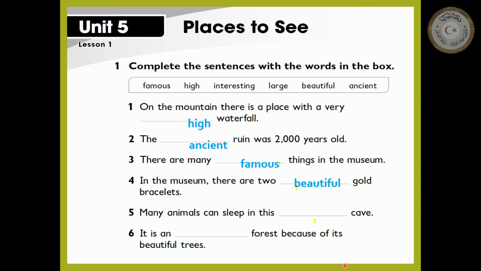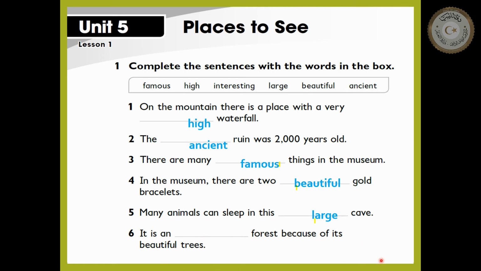We can go now to number 5. Many animals can sleep in this. So it's a lot of animals here. So the cave should be what? Beautiful? No. Large. Excellent. We go now to number 6. It is an, so we should start with vowel letters here. It is an first because of its beautiful trees. What is it?